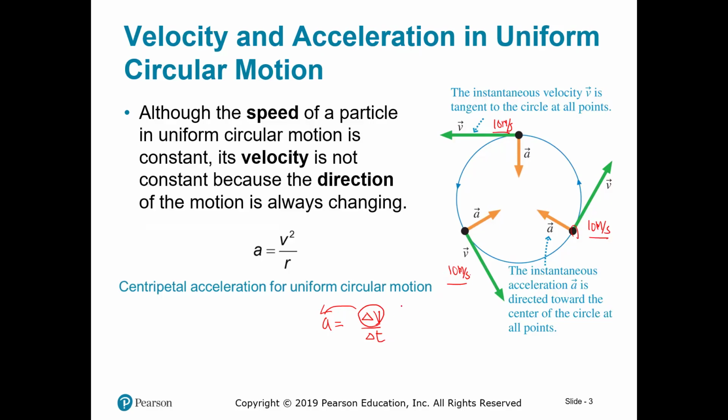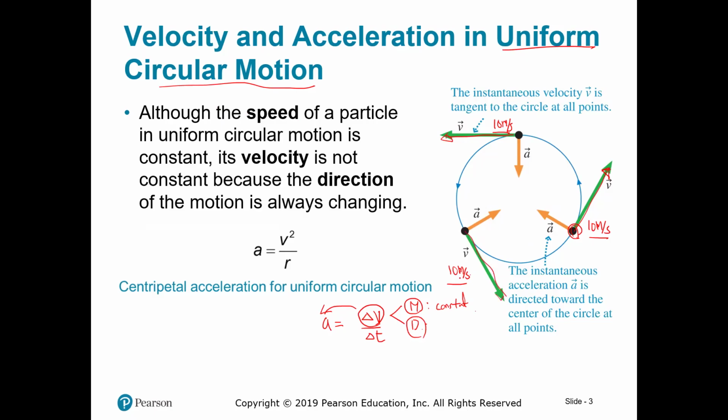But now make sure velocity consists of two parts because this is a vector, right? So velocity consists of a magnitude and a direction. The magnitude part of the velocity is constant for uniform circular motion. However, the direction of the velocity here is northeast, here west, here southeast.